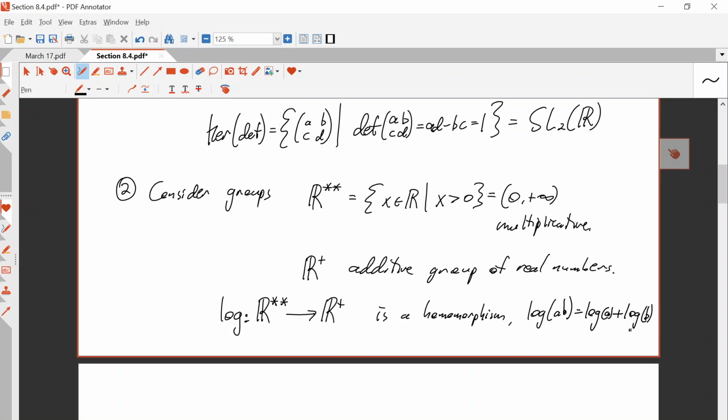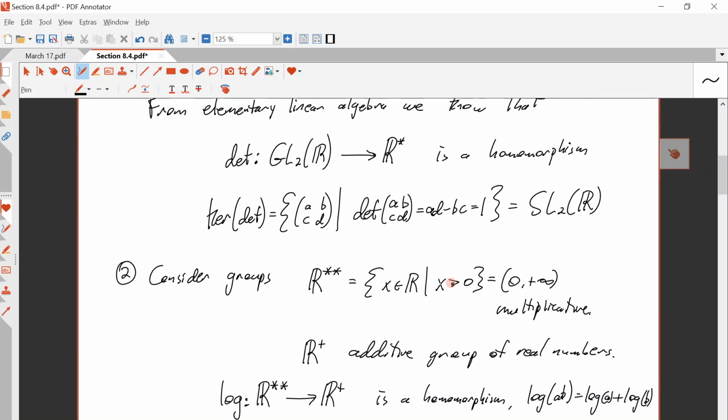That old identity on log functions from high school essentially says that the log function is a homomorphism from this group to that group. And the kernel of the log function is the set of all x in R star star such that log x is equal to 0, because that's the identity in R plus.